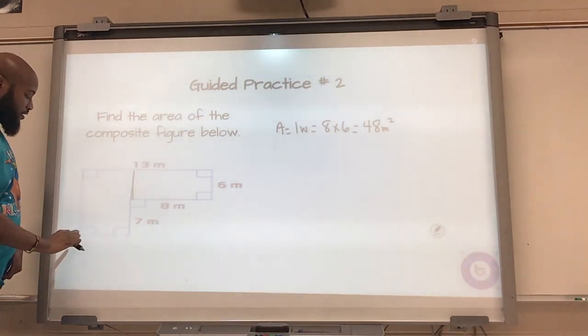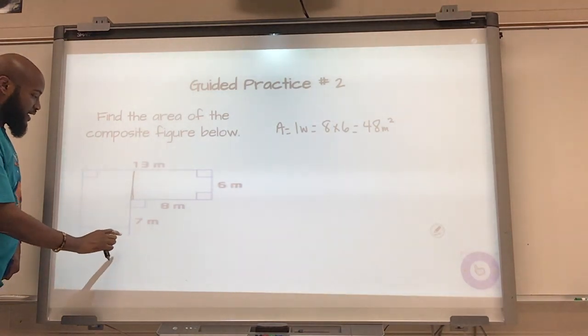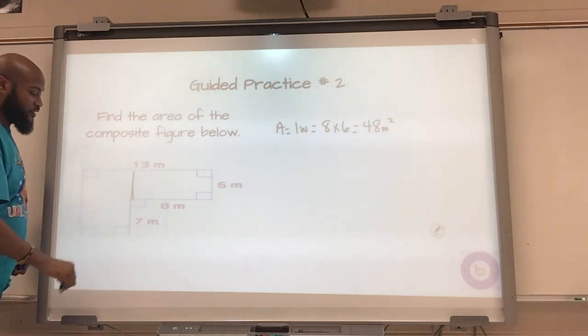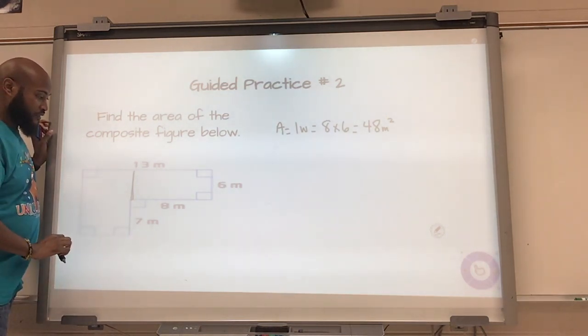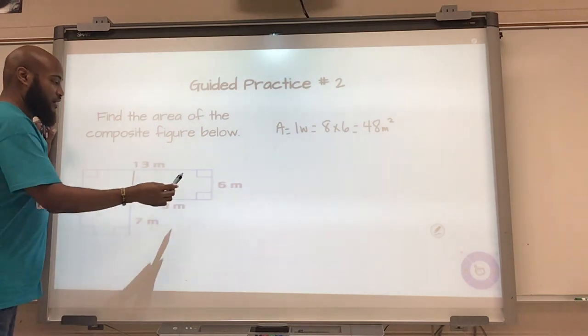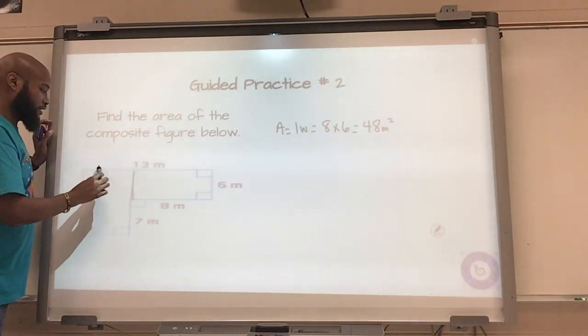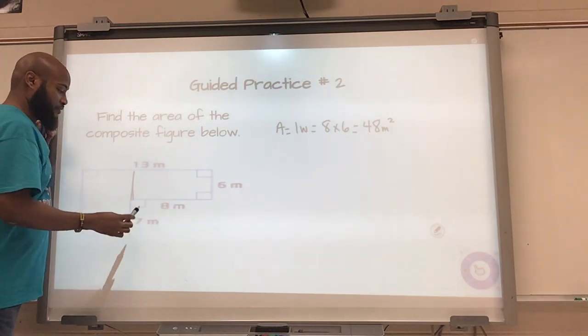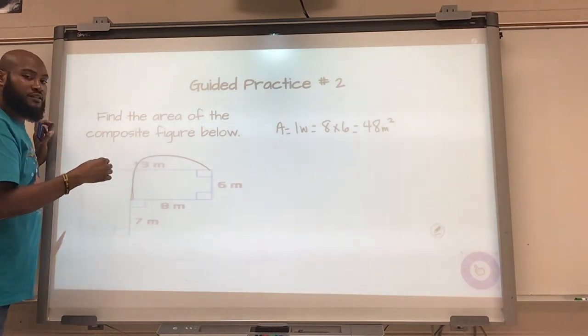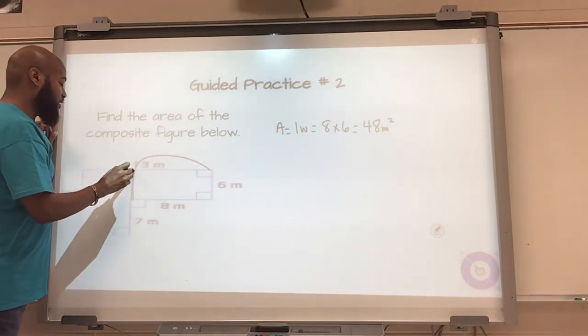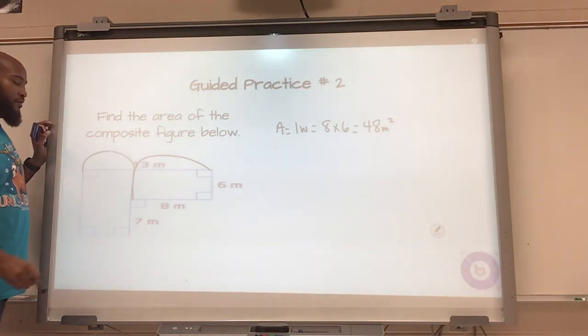We have to find the length and the width of this rectangle. If from here to here is 13 meters, and from here to here is 8, what's the difference to find the missing part? We will subtract it.